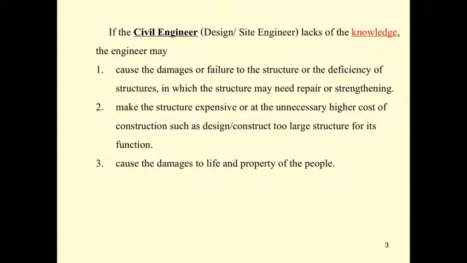For example, if you decide to build a structure with concrete of 320 kilogram per square centimeter, or 32 megapascal again, and then you buy concrete with a strength of 480 kilogram per square centimeter and build this structure, that means you're going to use very high-strength material, and you're going to waste some money.